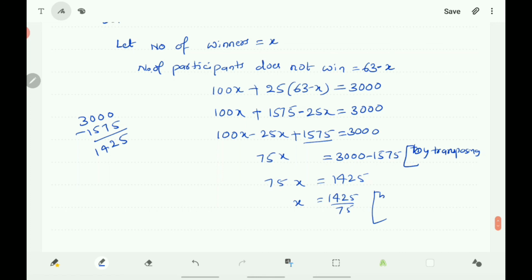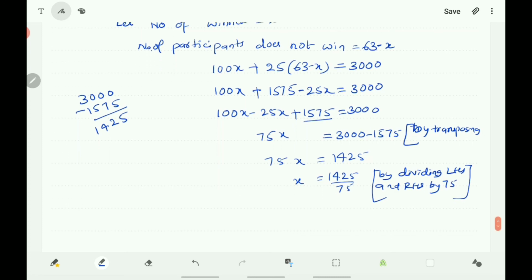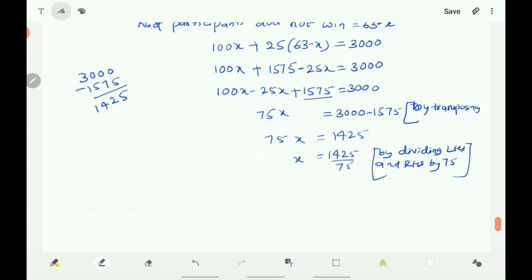That is dividing LHS and RHS by 75. It is nothing but transfer of 75 to the RHS.